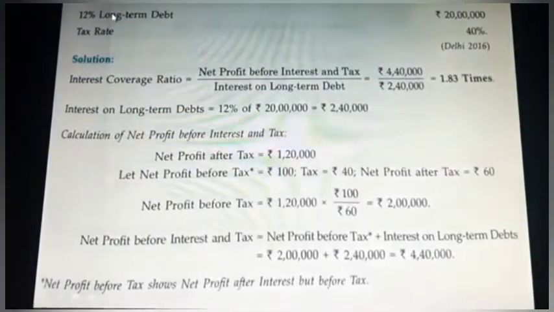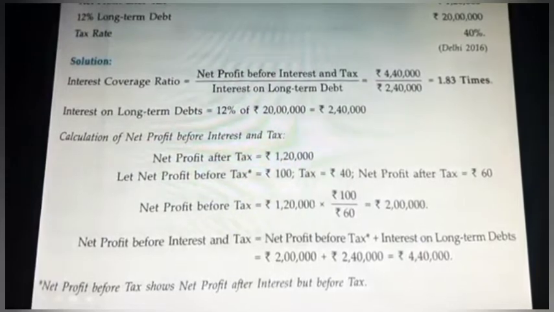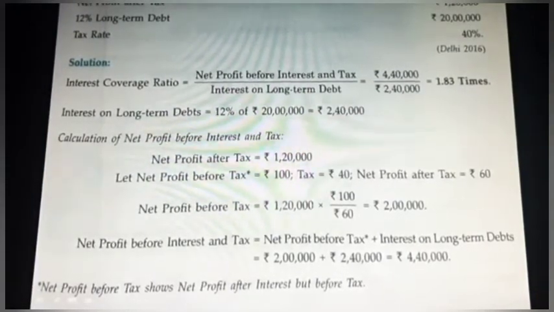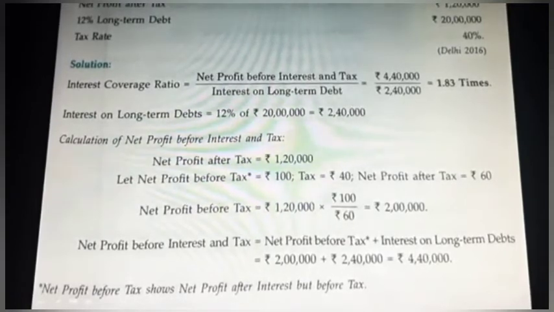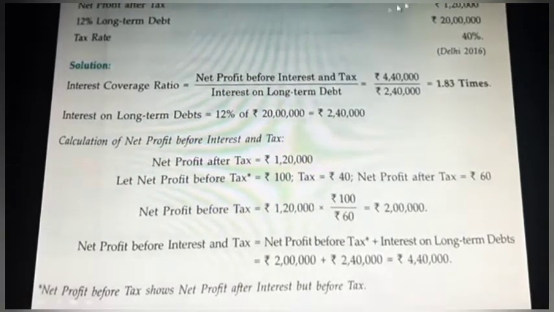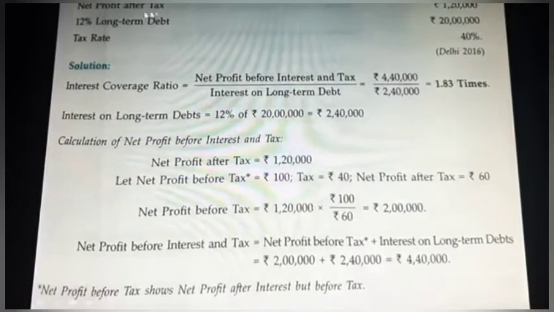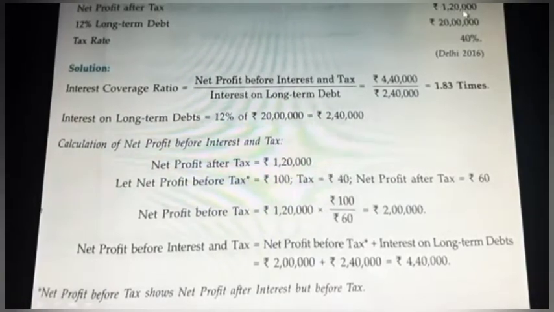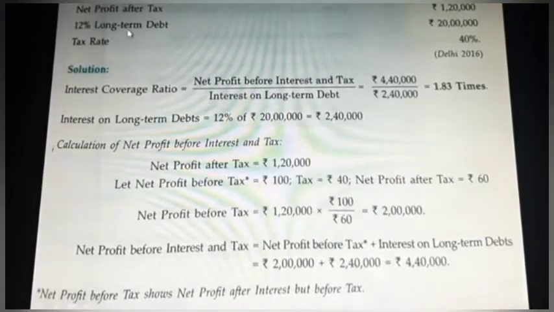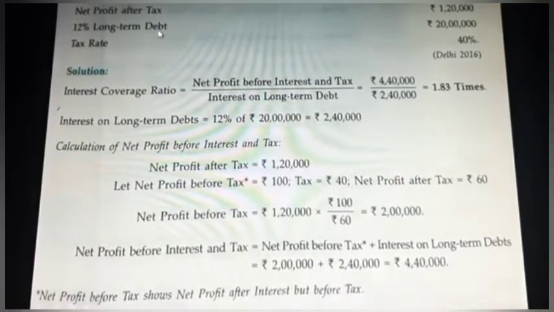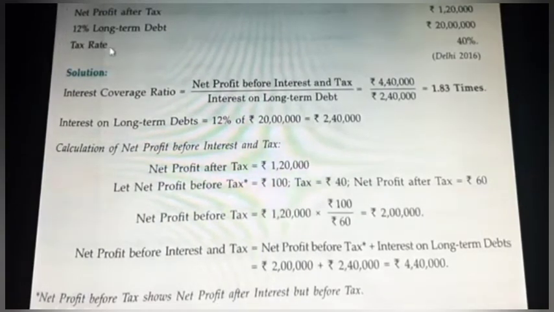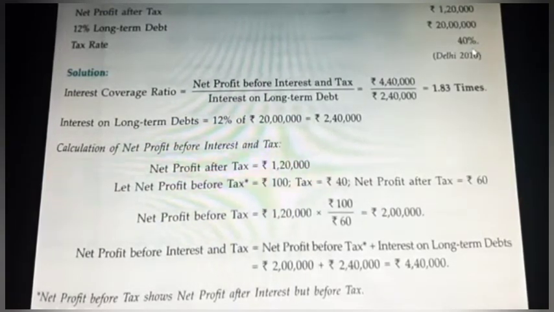Now let us do one problem related to interest coverage ratio. From the following details obtained from the financial statements of GE Limited, calculate interest coverage ratio. You are given net profit after tax, that is 1,20,000, 12% long-term debt, that is 20 lakhs, tax rate, that is 40%.